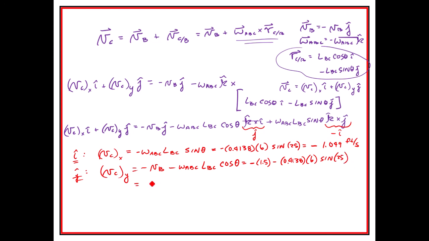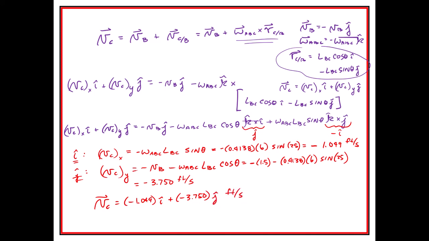And that gives a numeric value of negative 3.75 feet per second. So the answer, V_C, is negative 1.049 I plus negative 3.750 J feet per second.